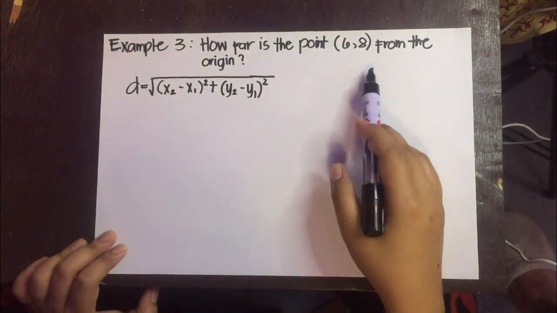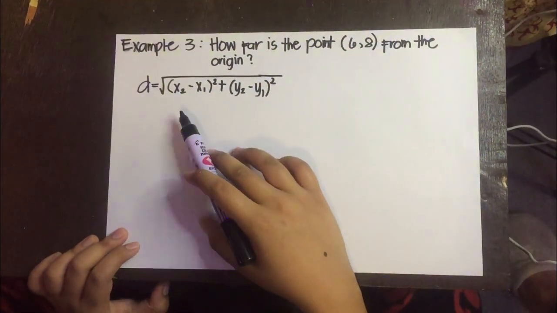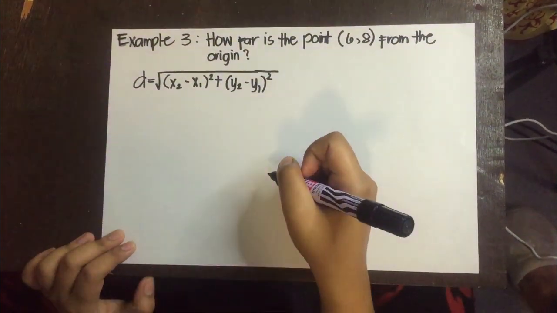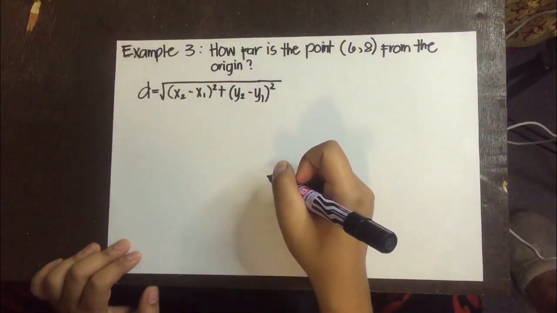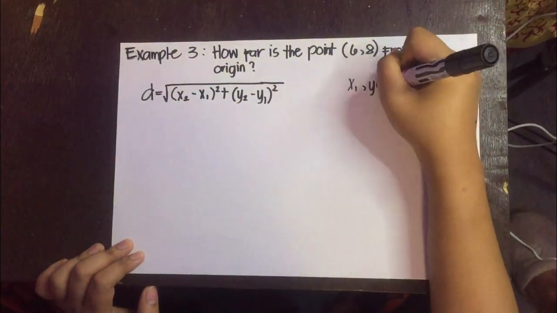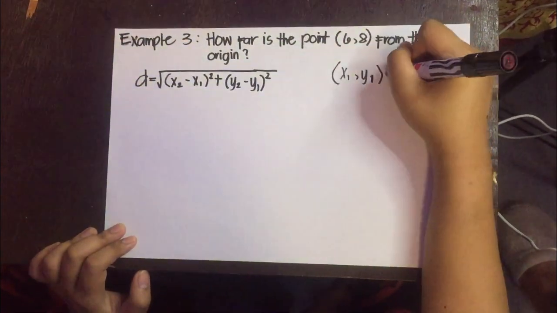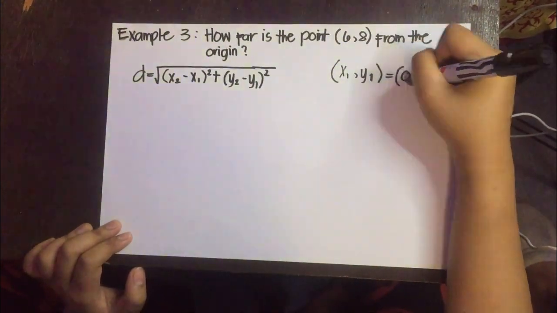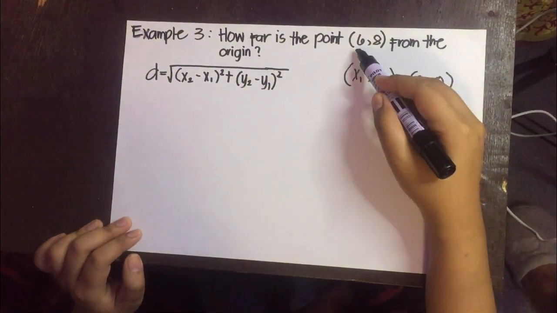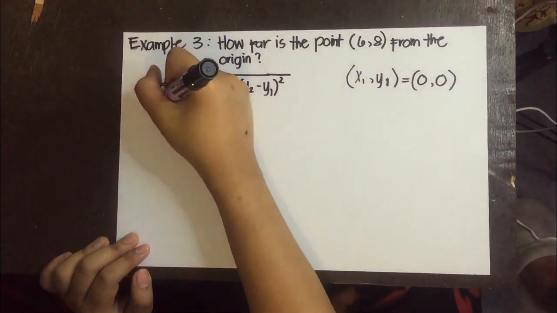Example 3. How far is the point 6 and 8 from the origin? So this would be our distance formula. Let's say that our x sub 1 and y sub 1 is composed of 0 and 0, which is the origin, and our x sub 2 and y sub 2 is the point 6 and 8.